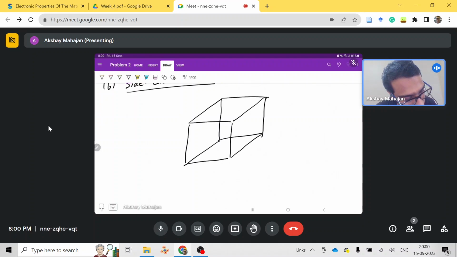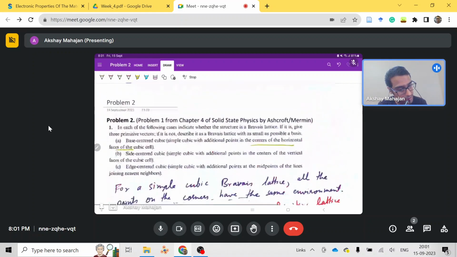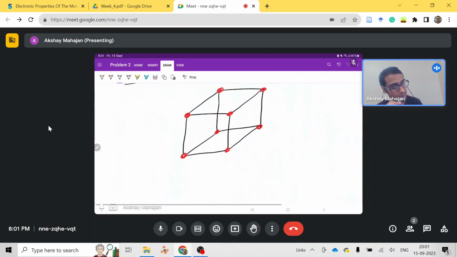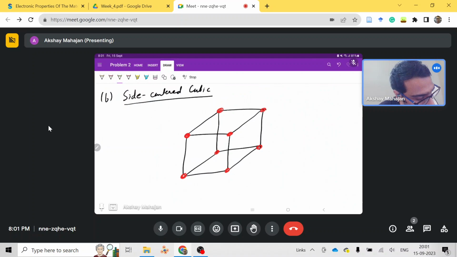These are our corner points. Now for the side-centered cubic, what is given in the question is that it's a simple cubic with additional points in the centers of the vertical faces. Let me just make it green. So the question says to draw points at the centers of the vertical faces.